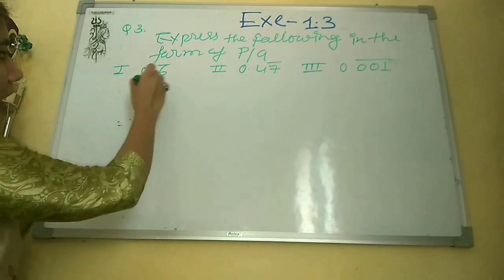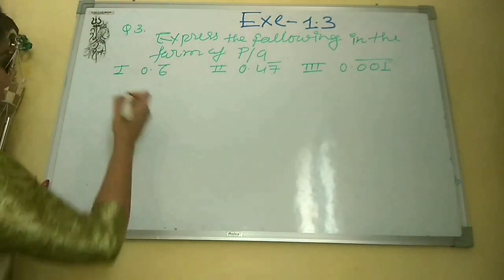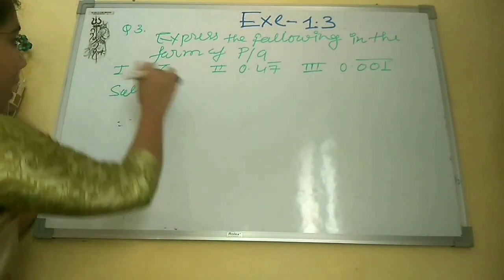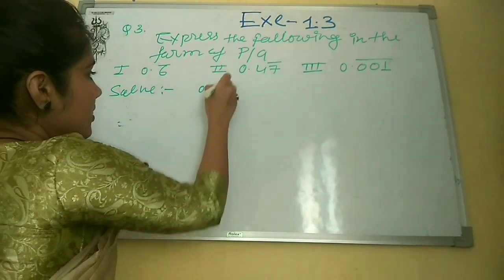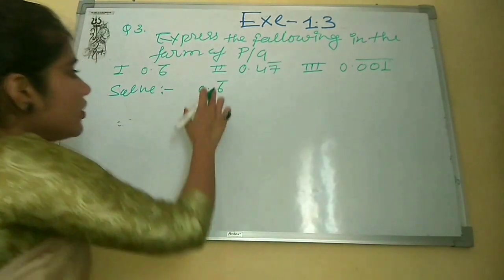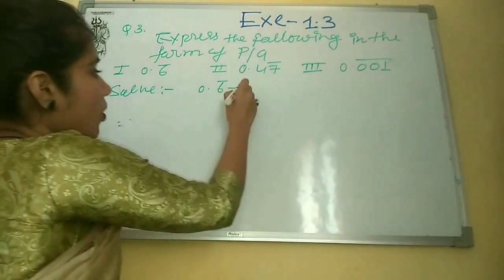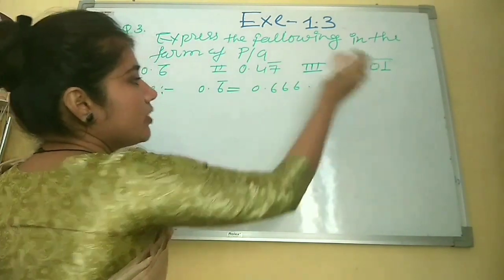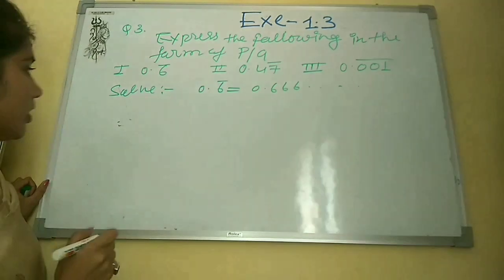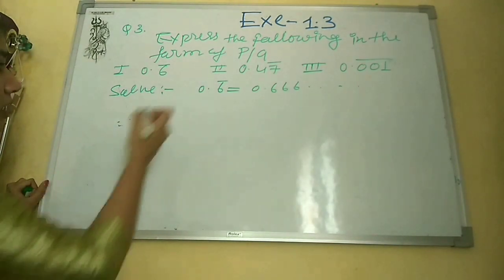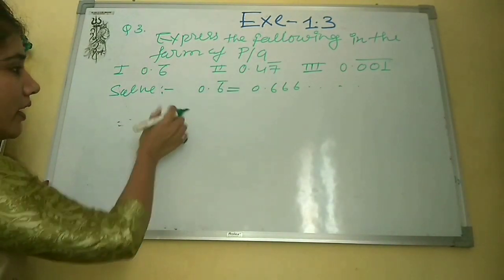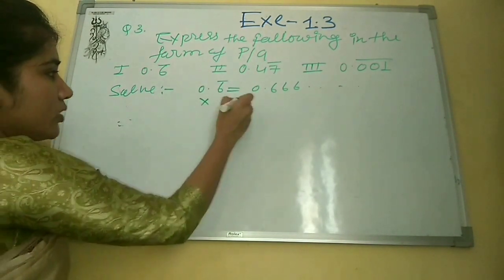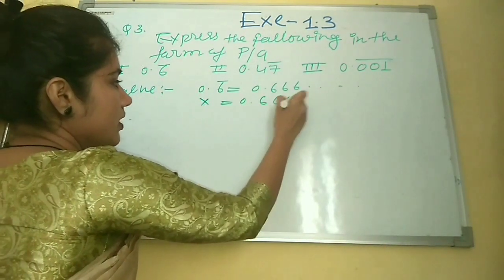Okay, now we have a decimal expansion and we should convert it into the form of p by q. So we have 0.6 bar, which means 6 is in repeating form like this up to infinite times. So what we will do here, we simply let it be x, let x equal 0.666.